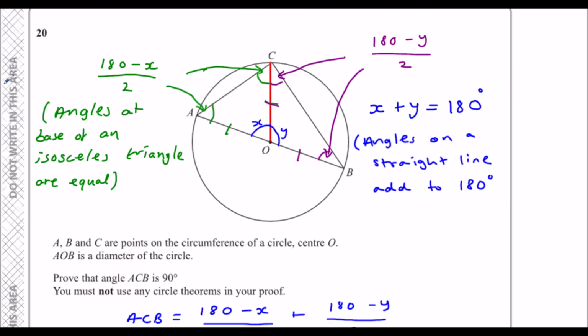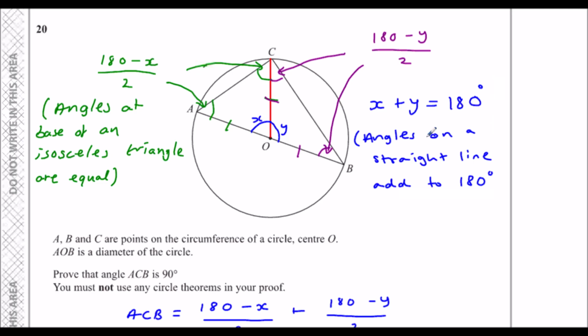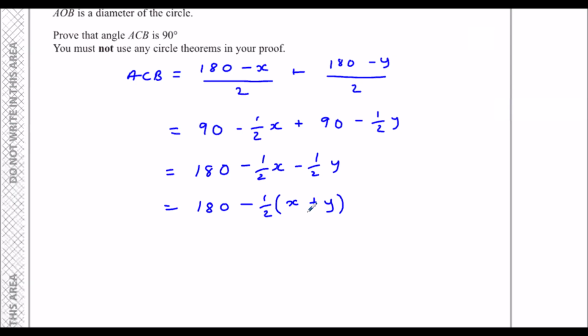But remember, x plus y is 180 degrees. So I'm going to change x plus y into 180 degrees. So I've got 180 minus a half of 180, which is 180 minus 90, and that is 90 degrees. So we've proved that ACB is 90 degrees.